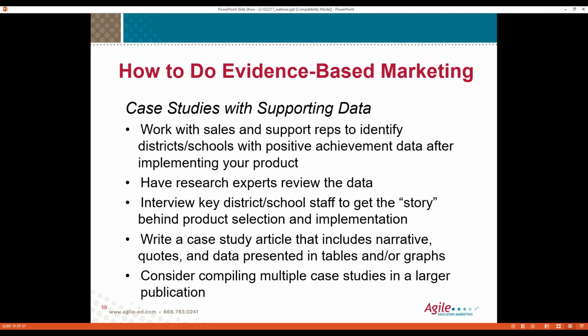How we're doing, that kind of level of data. And they're usually doing it every year. So if they've got their own positive data, then they ought to be, at that point, happy to share that with a wider public. The question is, can you find those districts that have that kind of data?